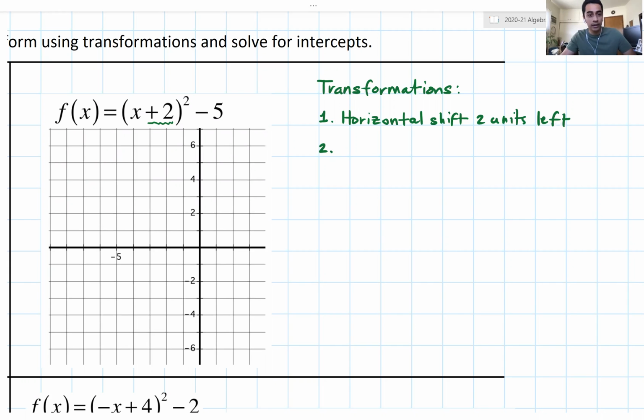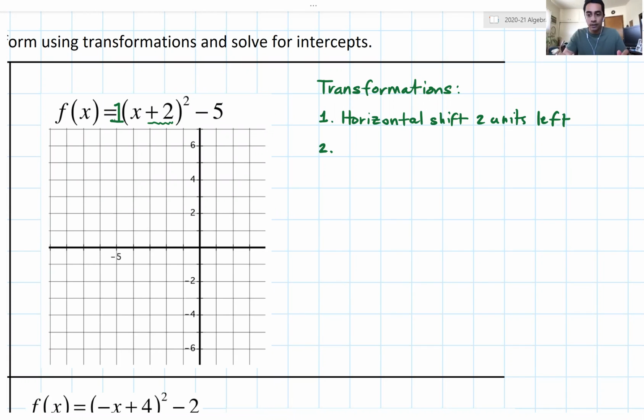It's neither, right? Because if my A value is 1, nothing has been changed to the parent. There has been no change from the parent graph because the parent graph also has an A value of 1. So there is no stretching, because you can't stretch something by multiplying it by 1, since it stays the same. And you can't compress anything by multiplying by 1 because it stays the same. So if the value is just 1, you don't discuss the stretching or the compressing. It's like that transformation never occurred.